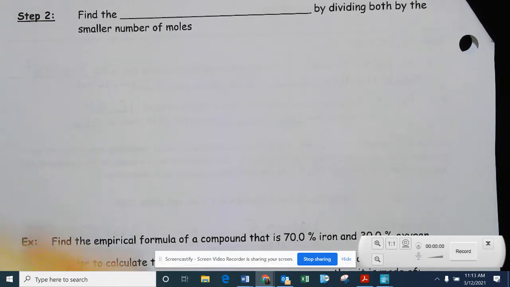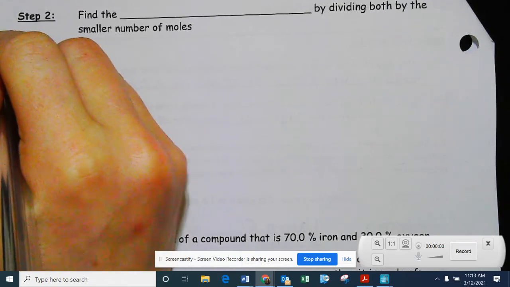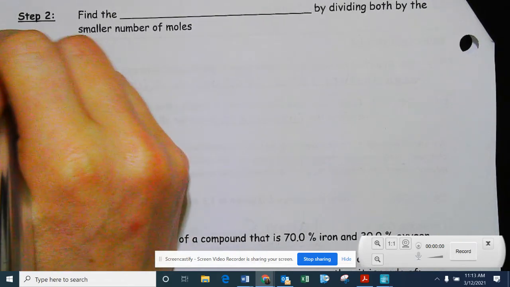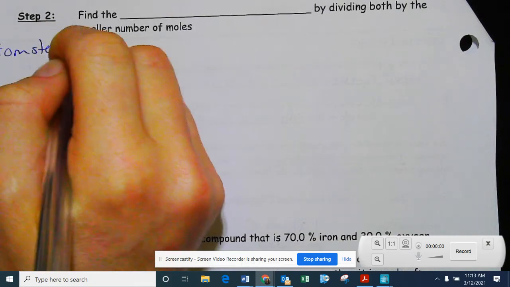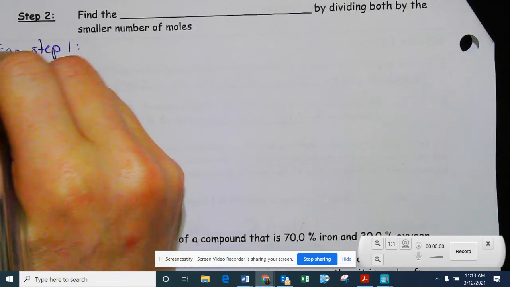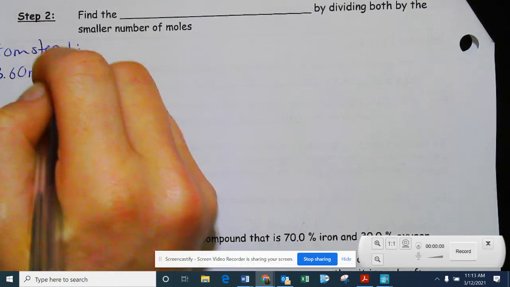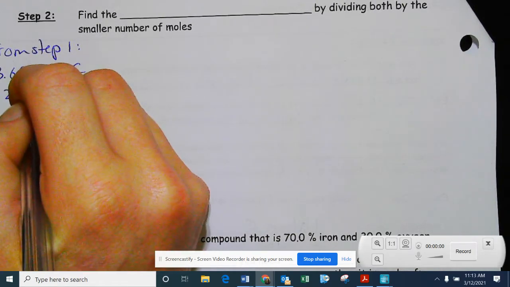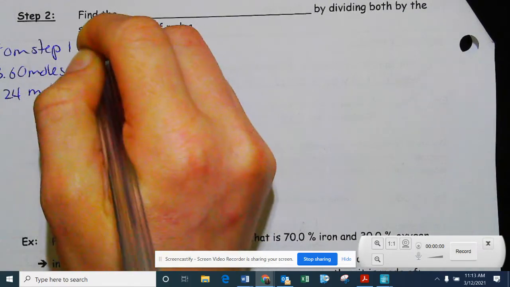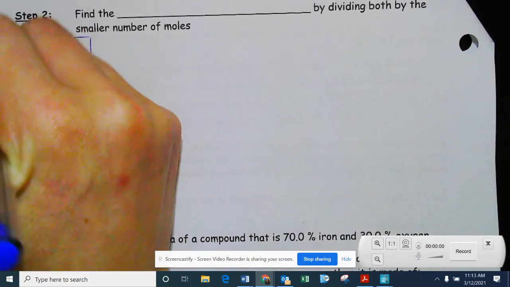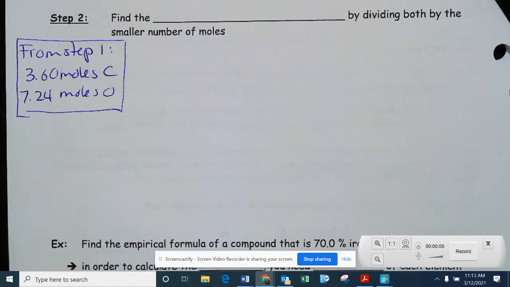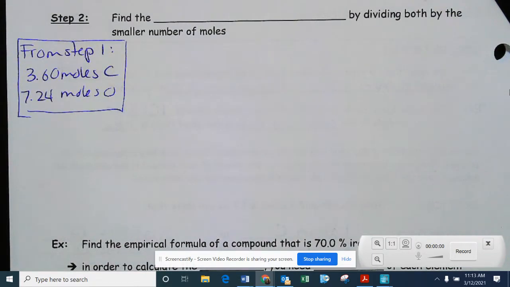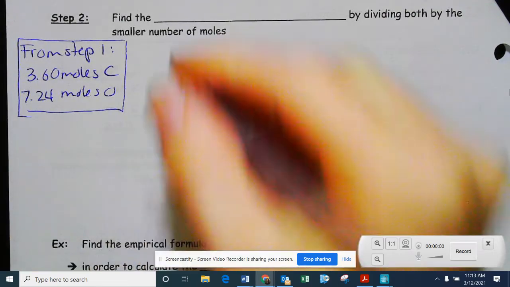Again, from step 1, we had 3.60 moles of C and 7.24 moles of oxygen. Just so we still have that information there. Now what we're going to do is find the smallest ratio of the moles.